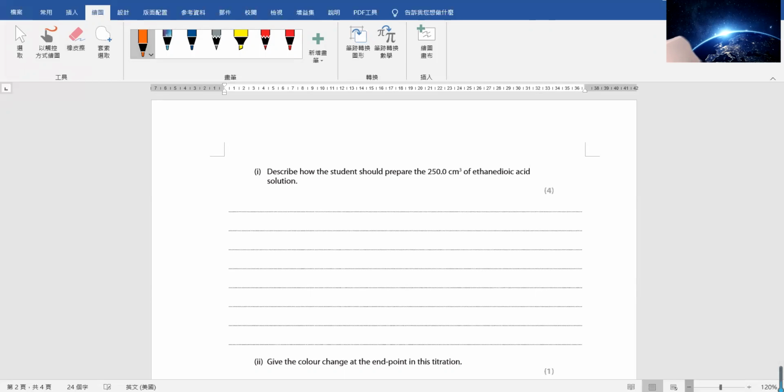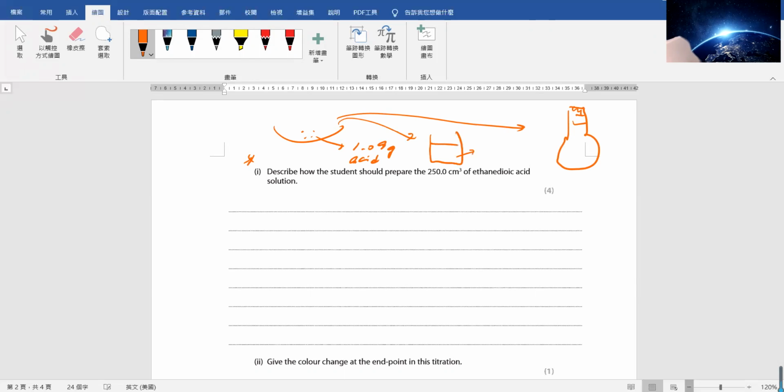Now this is a very standard question, and I think you did it in your practical as well. Basically, you have 1.09 gram of acid. How can you make it to 250 ml in the volumetric flask? Of course, you have to mention volumetric flask. The idea is you first dissolve it in around, for example, 100 ml of distilled water, with stirring.